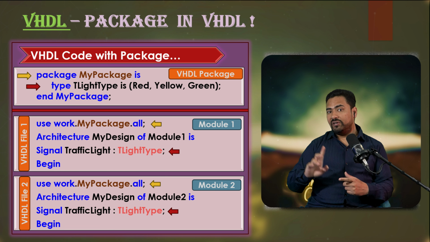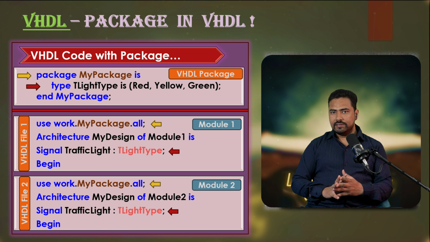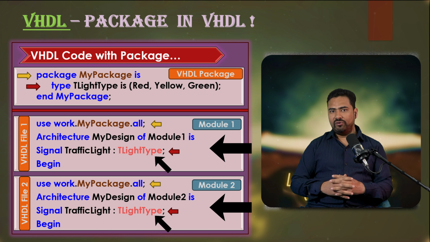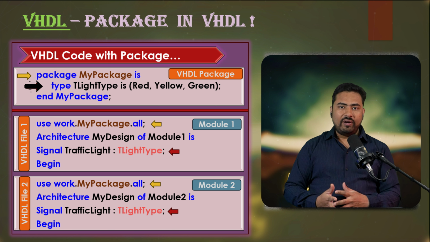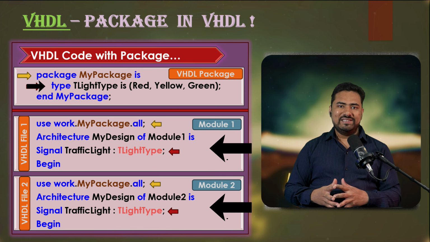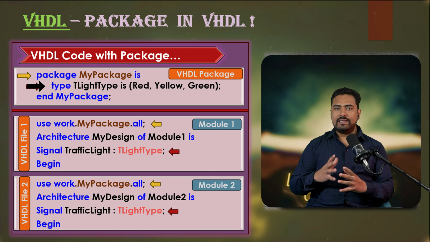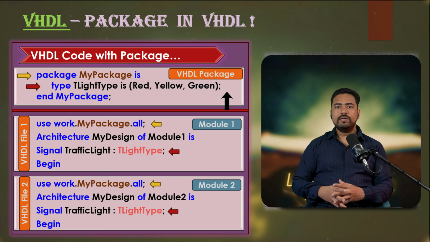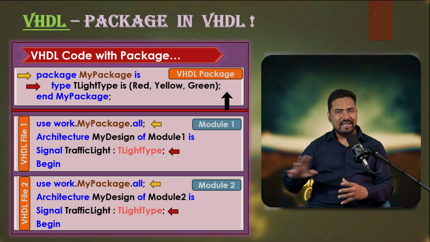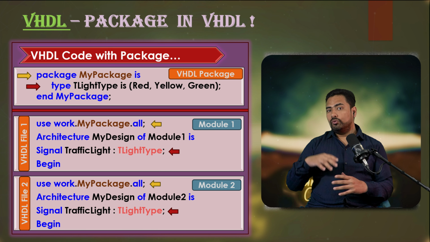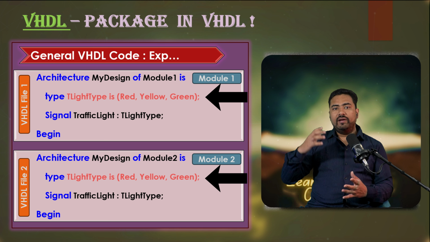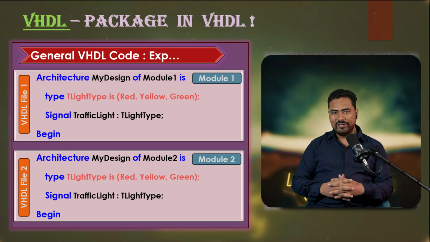Once you declare this package, you can use the traffic light data type to create your signals in both of these VHDL files. And you do not need to define it again in your VHDL files. In case you wanted to modify your data type, such as adding a new color like we discussed, then you simply need to change it in the package file. And that's it. Now you do not need to change it in every individual VHDL file in your projects.